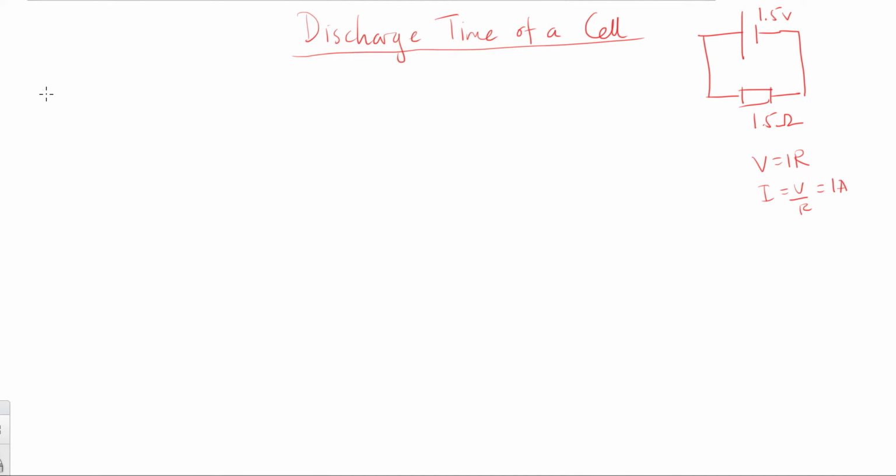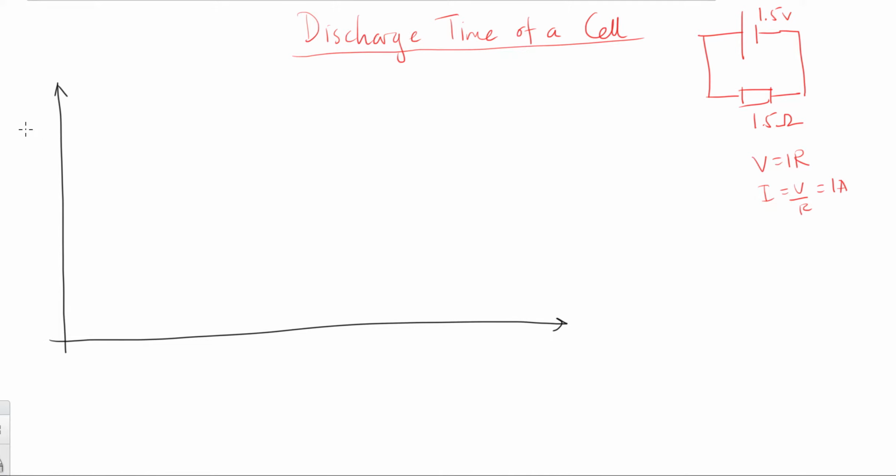Now it might be interesting, you want to know how long your battery is going to last, and you can investigate that experimentally by plotting the voltage across the terminals, V, that's the terminal voltage, against the discharge time, the time it takes for the battery's terminal voltage to drop dramatically.